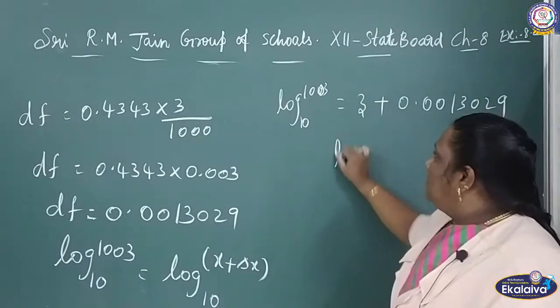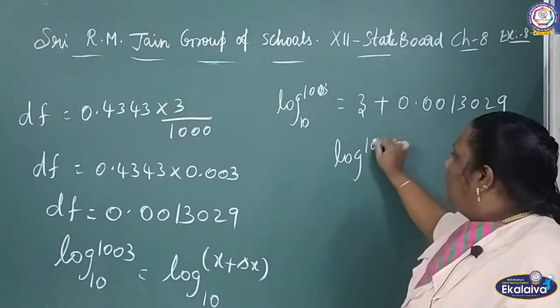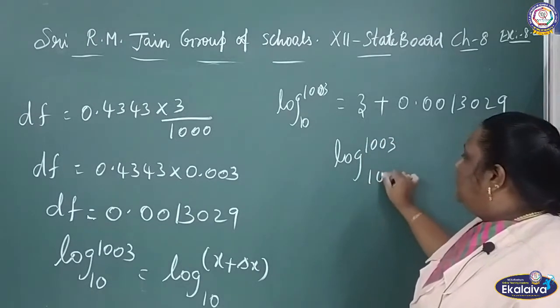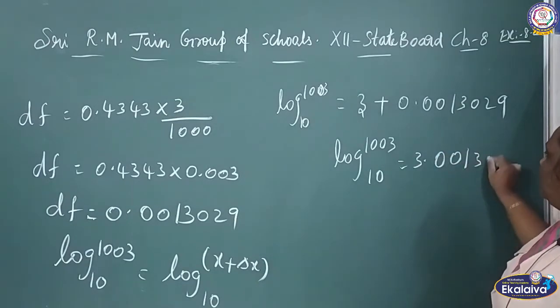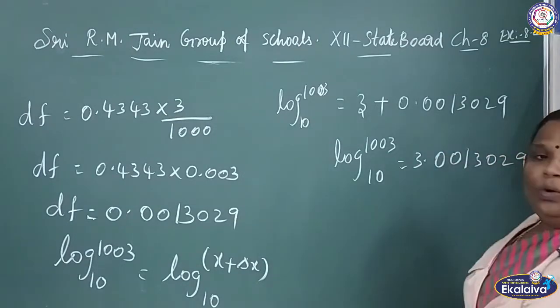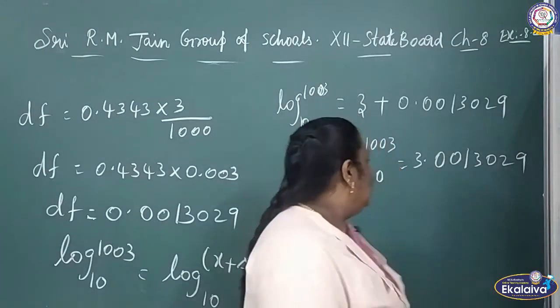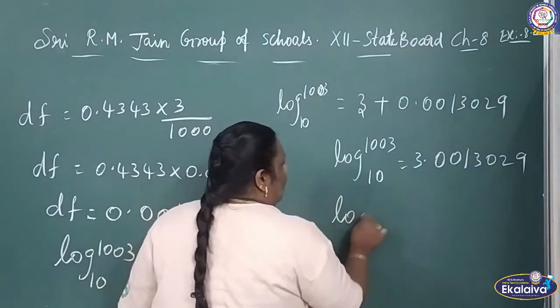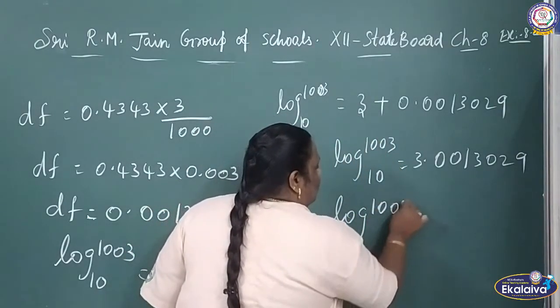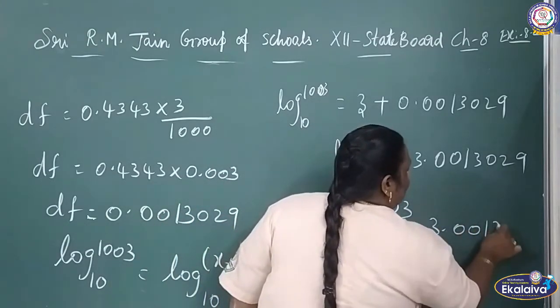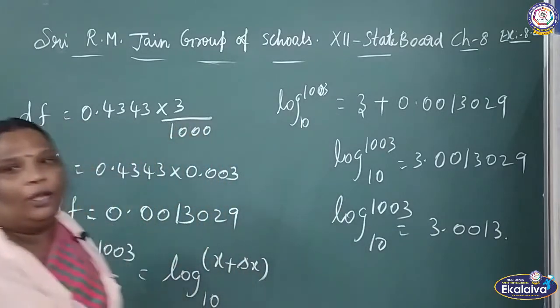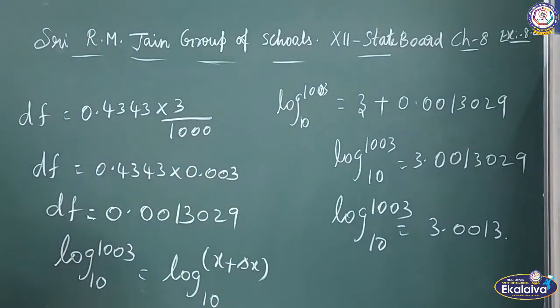Okay, it gives log of 1003 base 10 equal to 3.001329. So it gives log of 1003 base 10 equal to 3.0013. The value is 3.0013.